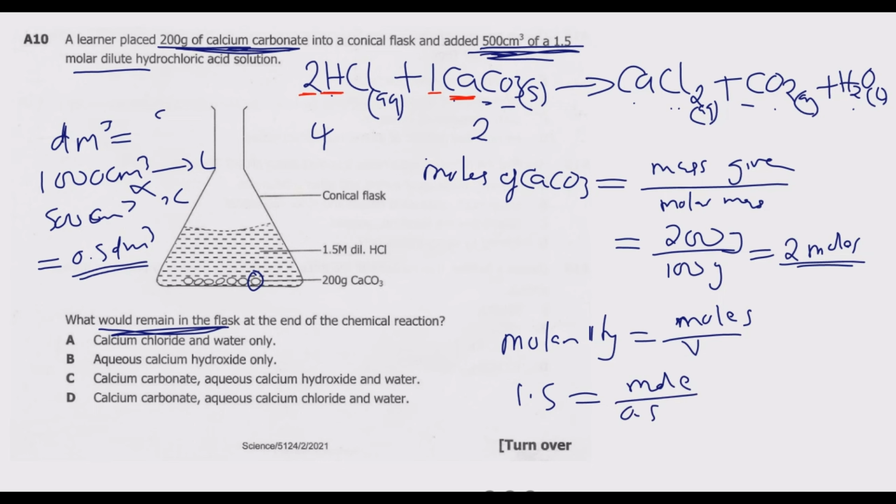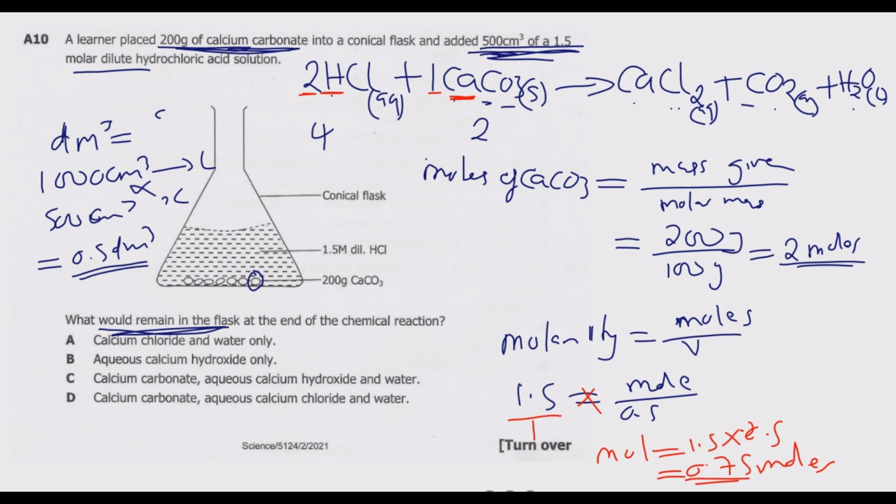Then we cross multiply to find the number of moles. The number of moles will be equal to 1.5 times 0.5, which is 0.75 moles. So for the complete neutralization of this, what we need is 4 moles.